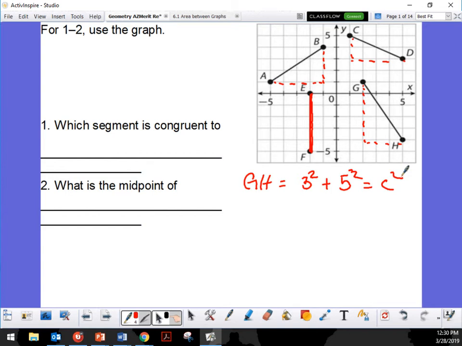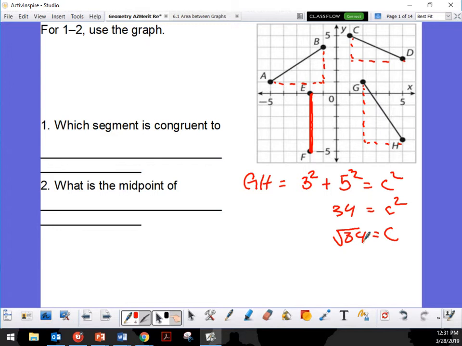Yeah, that's going to be my Pythagorean Theorem for that one. So I get 9 plus 25 is 34? Okay. 34 equals C squared. How do I undo a square? Square root. Very good. So it's going to be a square root of 34. So C equals square root of 34.